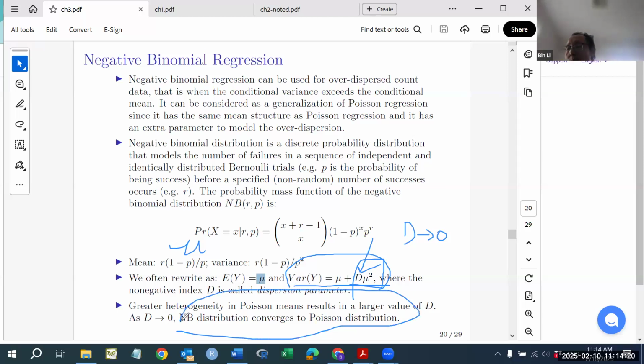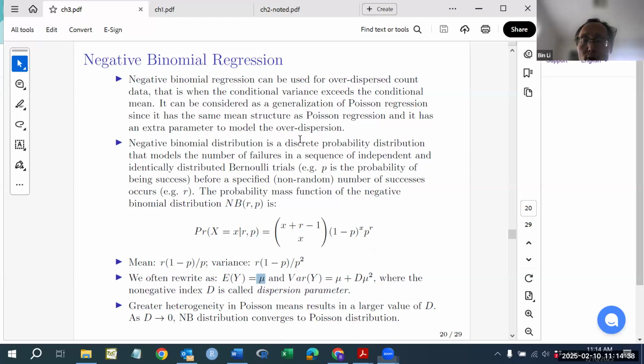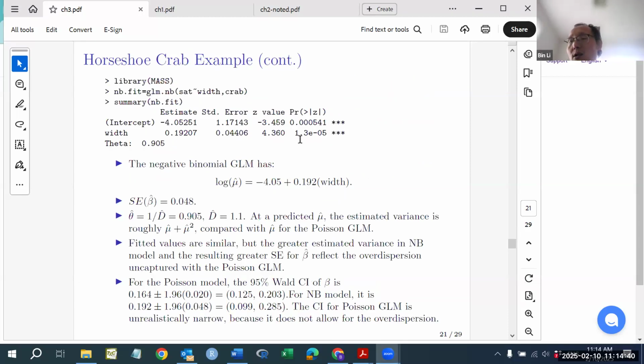In other words, the Poisson distribution is a special case of the negative binomial with d equals 0. But the negative binomial is more flexible than the Poisson.